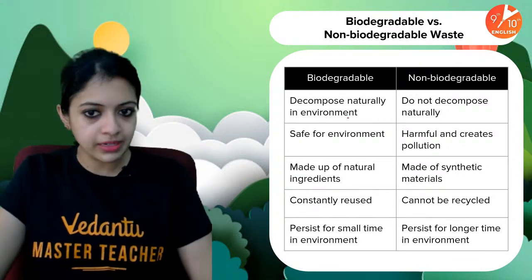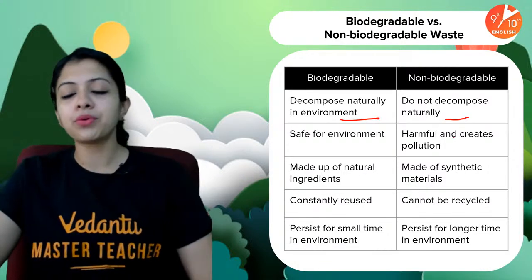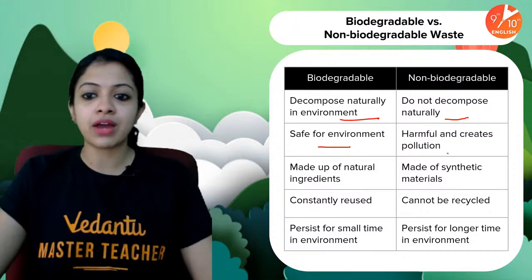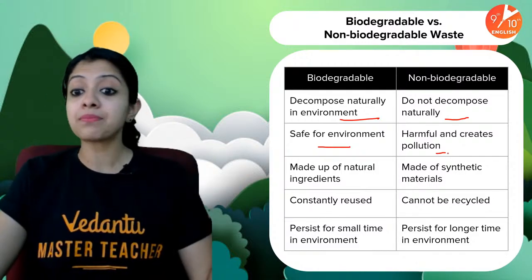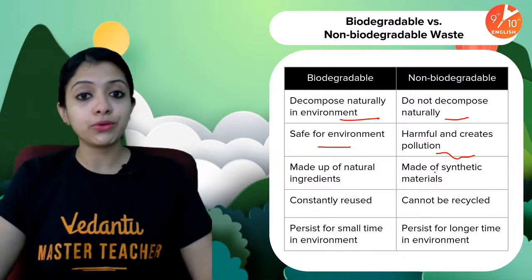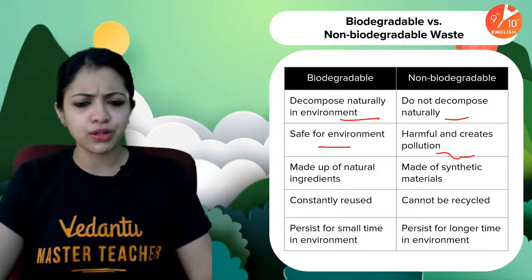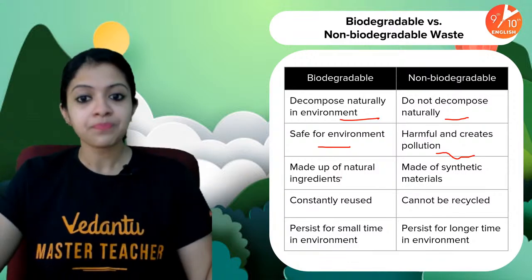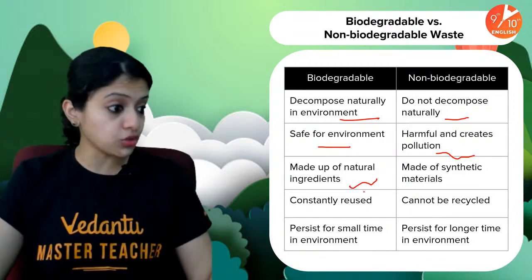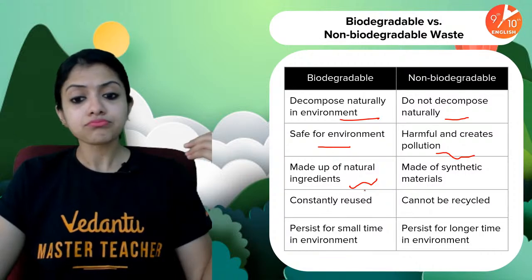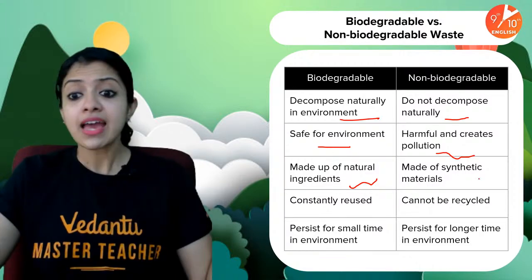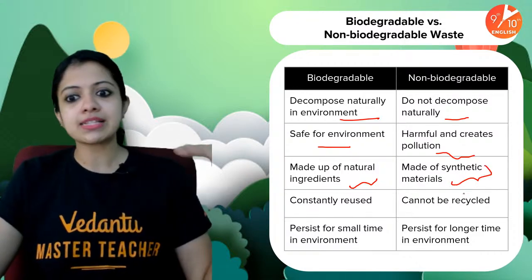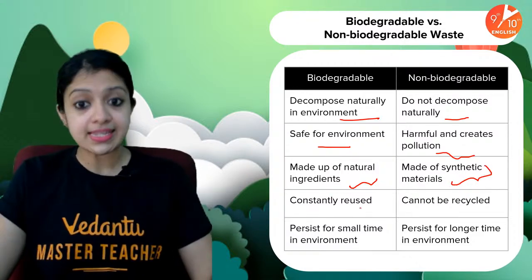Biodegradable naturally decompose in the environment. Non-biodegradable do not decompose naturally. Biodegradable is safe for the environment, whereas non-biodegradable is harmful and creates pollution. Of course, different kinds of pollution: land pollution, soil pollution, water pollution, and all of those. Biodegradable is made up of natural ingredients like kitchen waste. Non-biodegradable would be made up of synthetic, man-made, artificial materials.